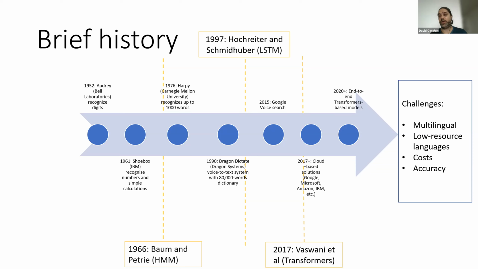And later on, we have lots of cloud solutions available from all the big tech companies, where you can use their API services or cloud services to provide solutions for many applications. And after the 2020s, we are seeing new models. They are based on transformers.